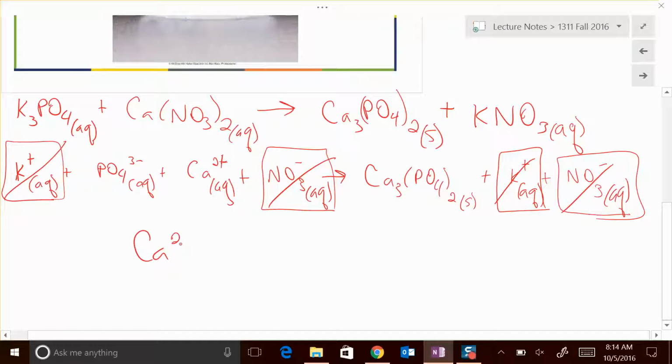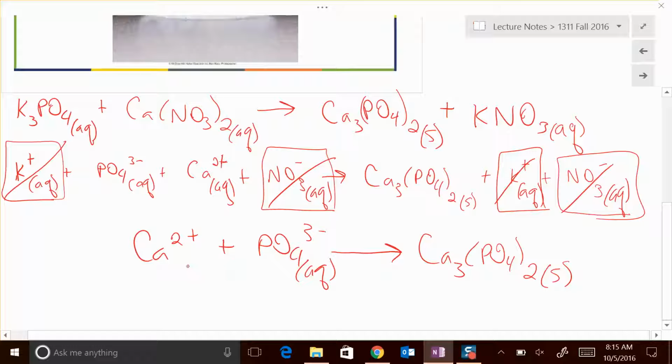Calcium 2+ and PO4 3- is reacting to produce calcium phosphate, which is a solid, and these are aqueous. Okay? So this right here is my net ionic equation.